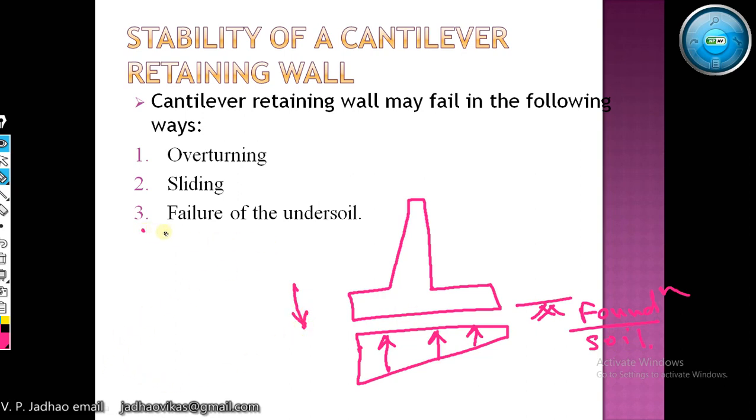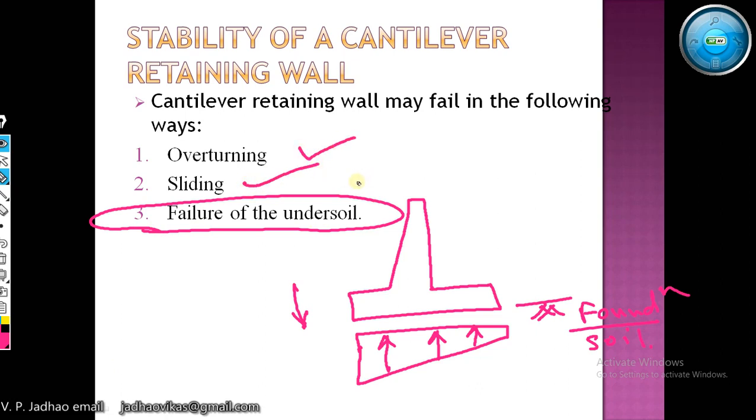So this is the failure of your under soil. These three ways are there for failure of your retaining wall. During design, we will take checks for overturning, we will take a check for sliding, and we will again take a check for the failure of under soil.